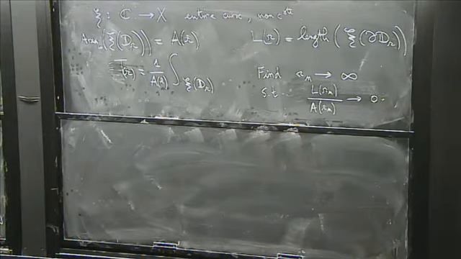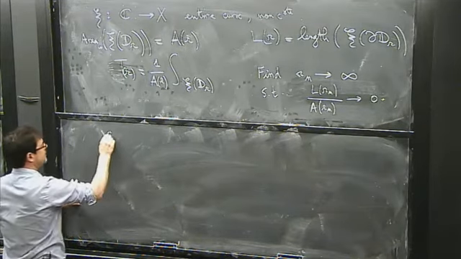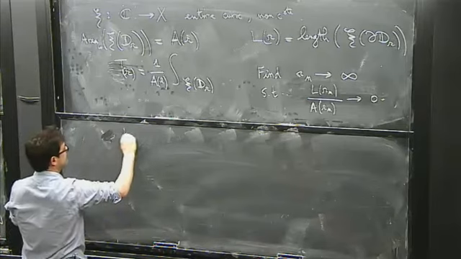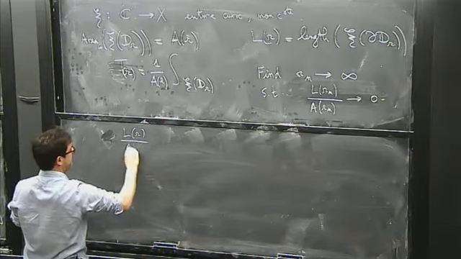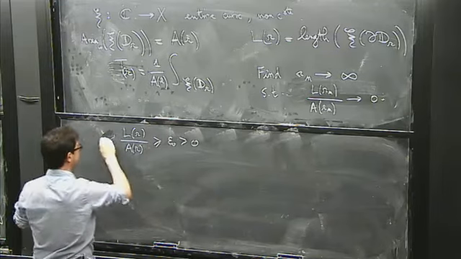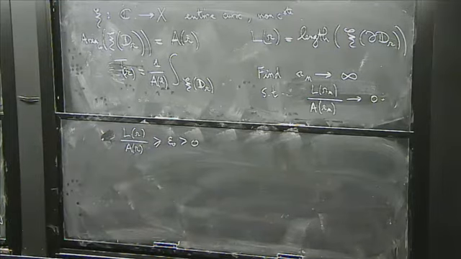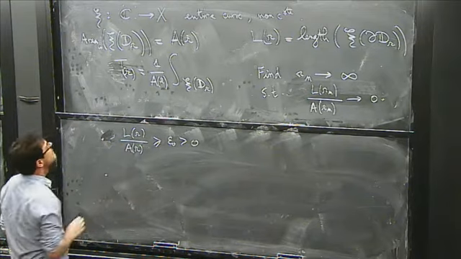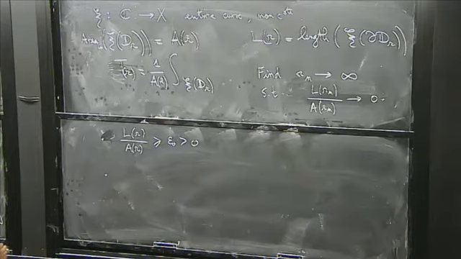So if not, the length of R divided by the area is uniformly bounded from below, and I want to contradict this property. So it's not hard. It's a Cauchy-Schwarz formula. So I try to do it.